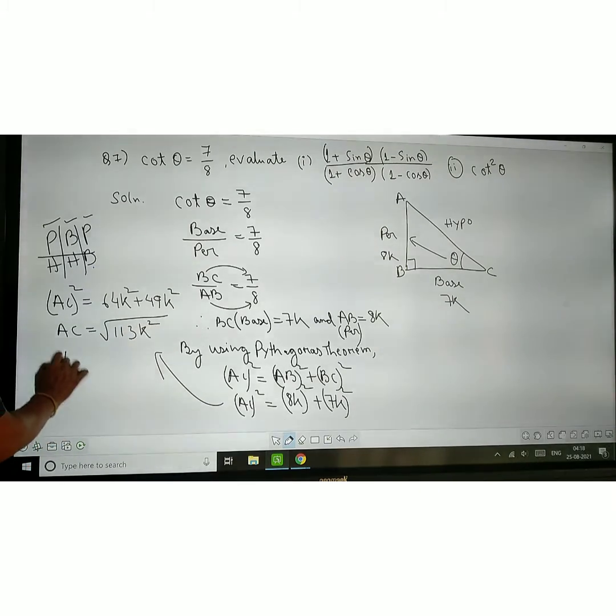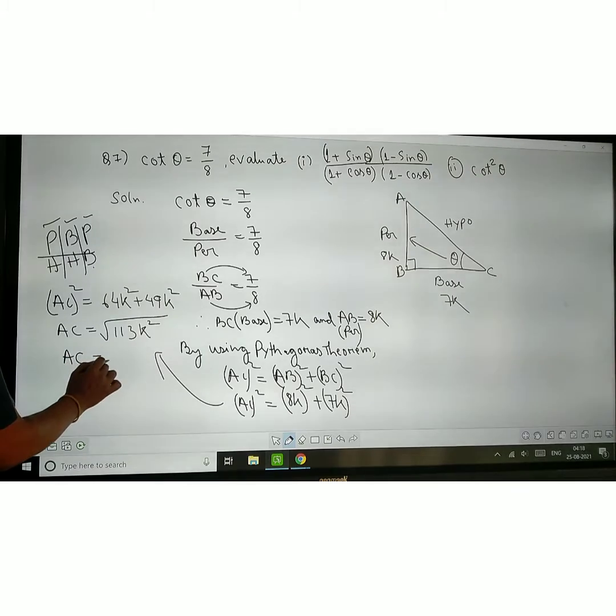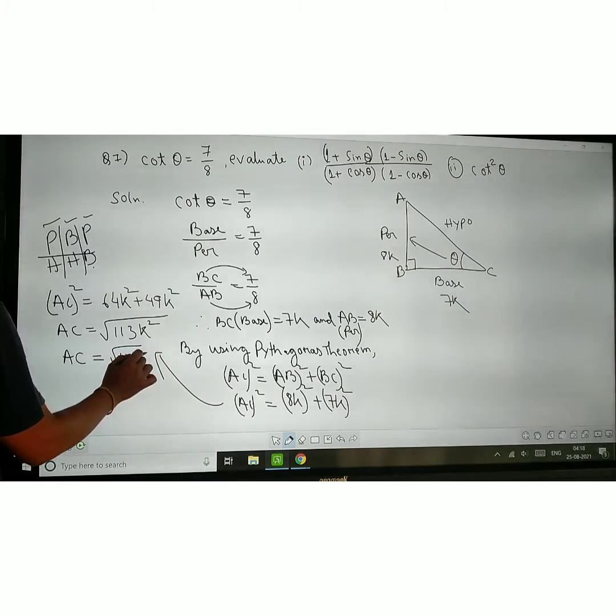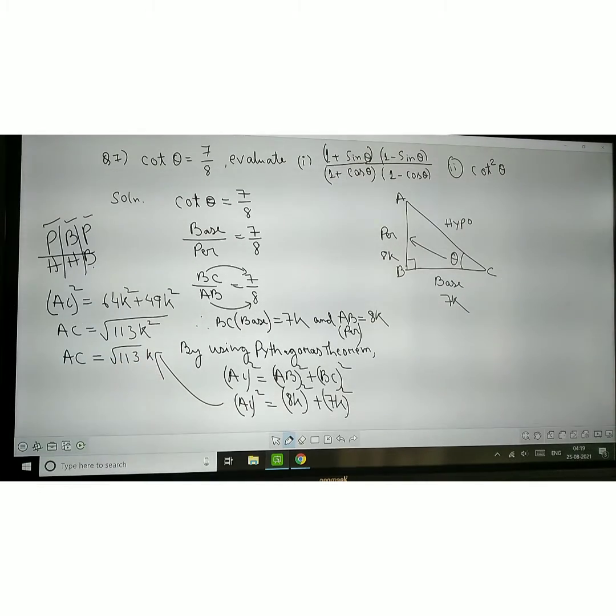So next line, AC will become root 113 K, because 113 is a prime number. It will not come out.